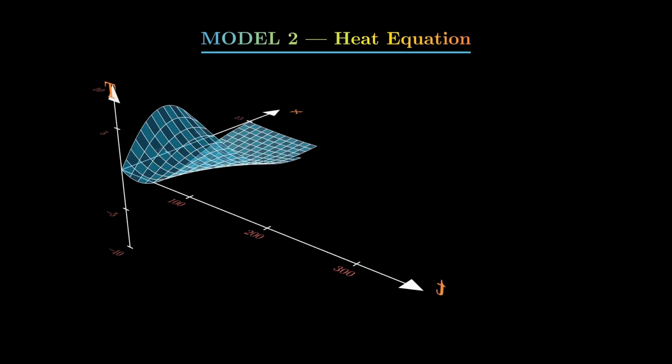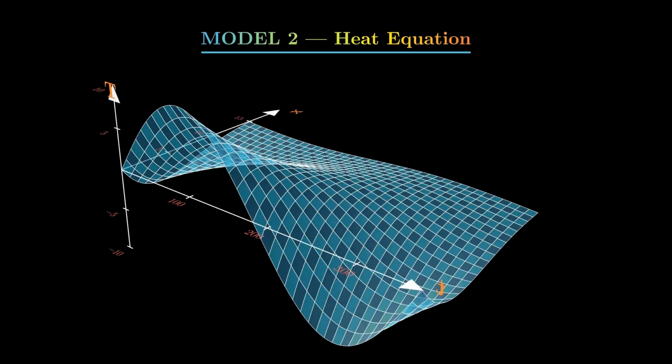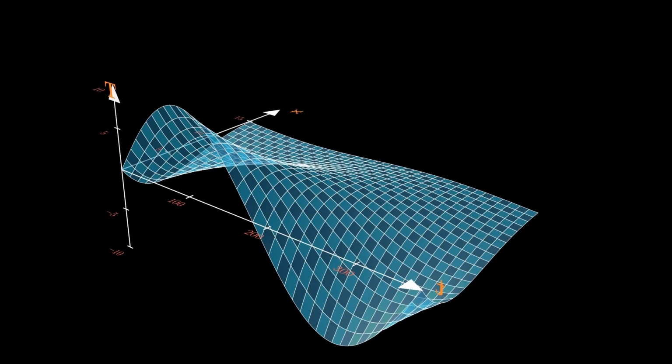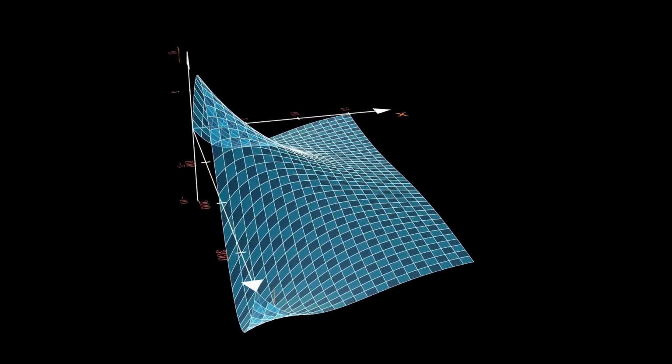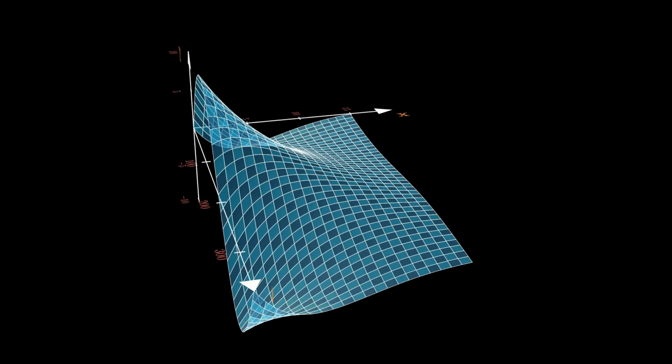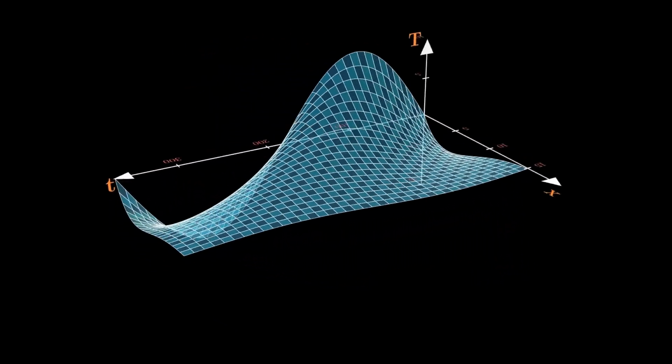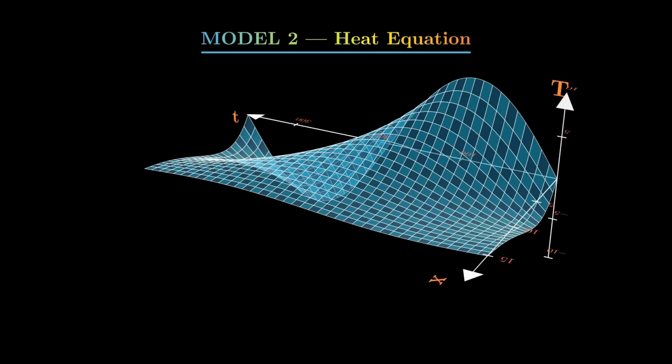Now let's sketch the graph to verify the relation. As you can see, near the surface where x is small, temperature varies greatly and time changes, but deeper, the temperature is more stable.